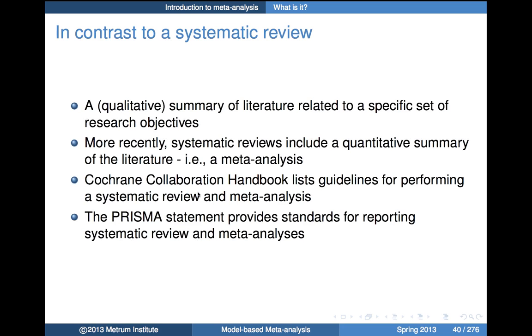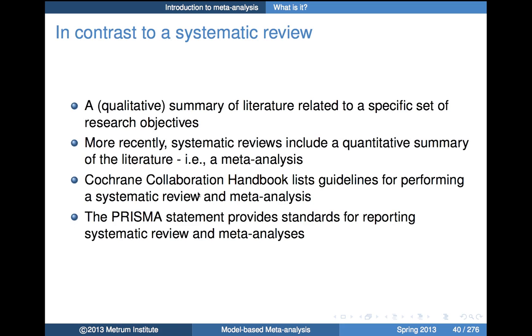It's important, though, to contrast a meta-analysis with what's in the literature called a systematic review. In general, systematic reviews are more qualitative summaries, whereas a meta-analysis is more of a quantitative summary. In both cases, they're related to a specific set of research objectives, which we'll talk more about in a minute.